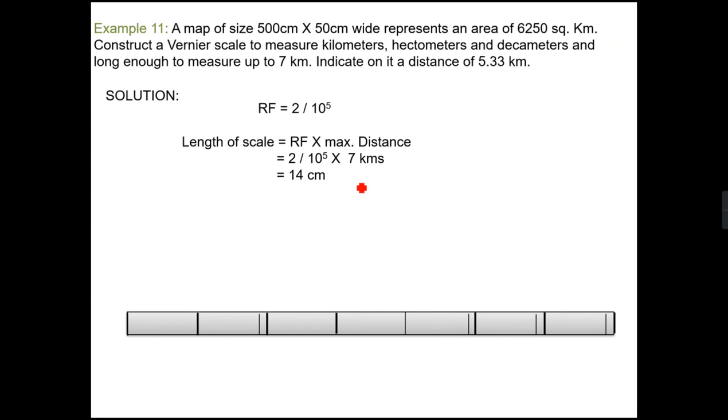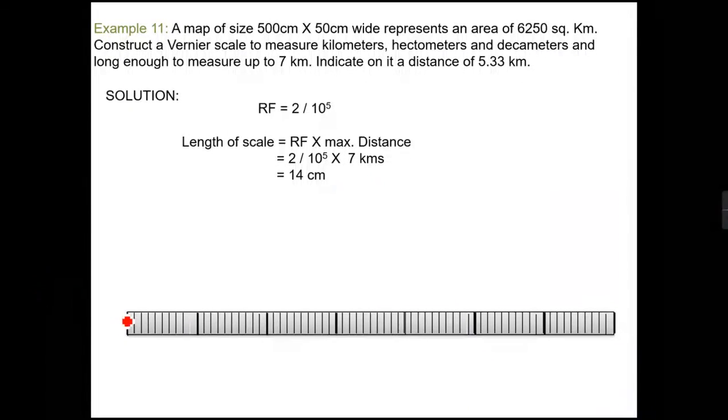Then we are dividing it into 7 equal parts, so that each part will represent 1 kilometer. Then further we are dividing it into 10 equal parts, so that each part will represent 1 hectometer, that is 100 meters.